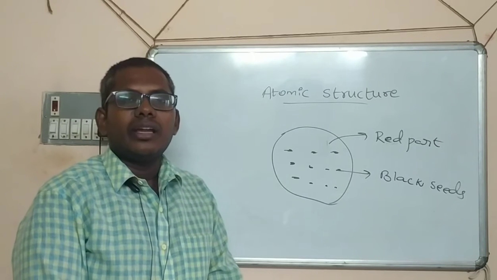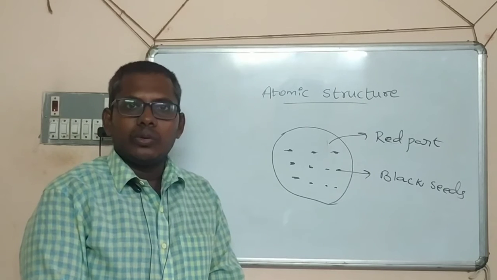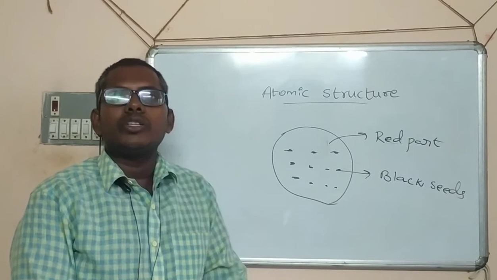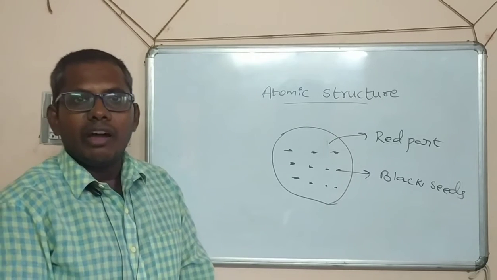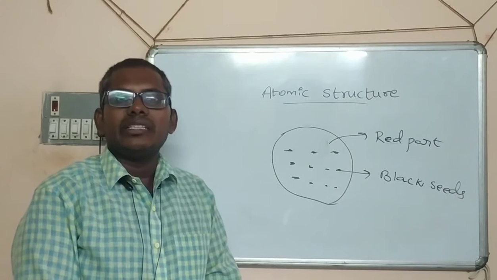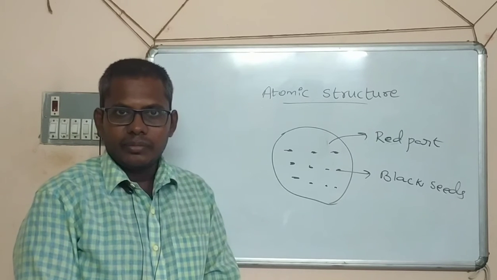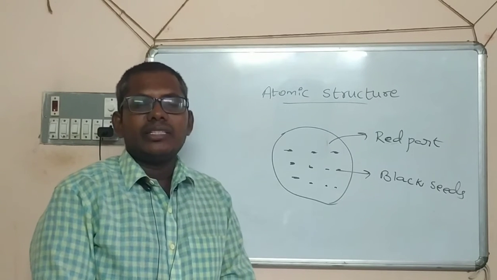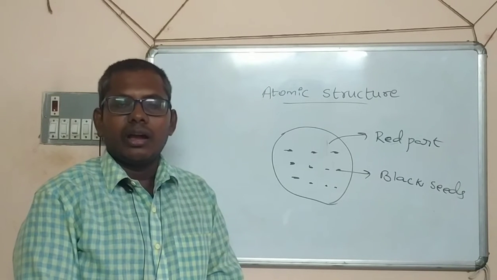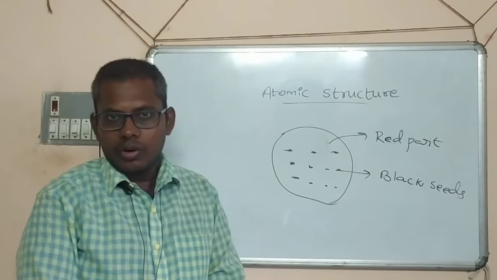Third point, the atom is electrically neutral, which means the number of positive charges is equal to the number of negative charges. These are the postulates of J.J. Thomson's atomic model, known as the plum pudding model or watermelon model.